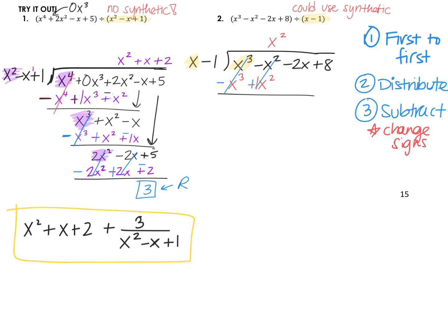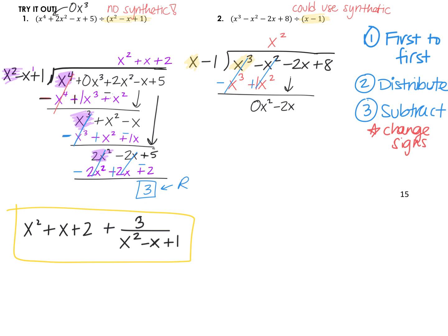Zeros are helpful. So instead of just canceling out both, you can actually bring down and say this is 0x squared because we're supposed to have something in that spot, right? And then bring this guy down still one at a time. You could go a little faster, I think, and cross out both and then bring down the next two. But we're not going to do that because I want you to see this, okay?